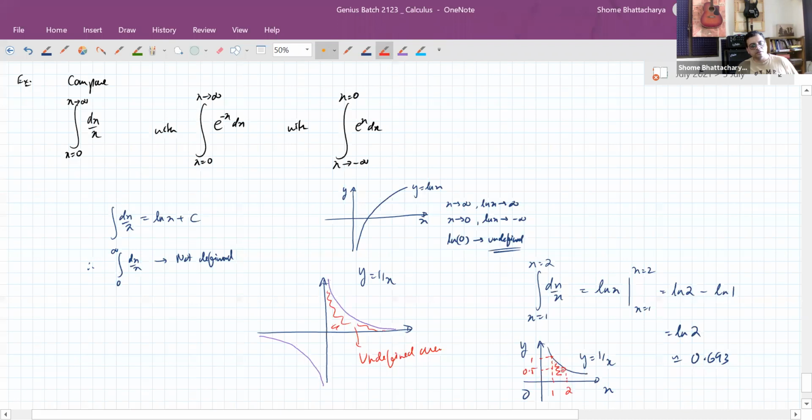So looking at this area, this area is very well defined. But this kind of area cannot be defined here.